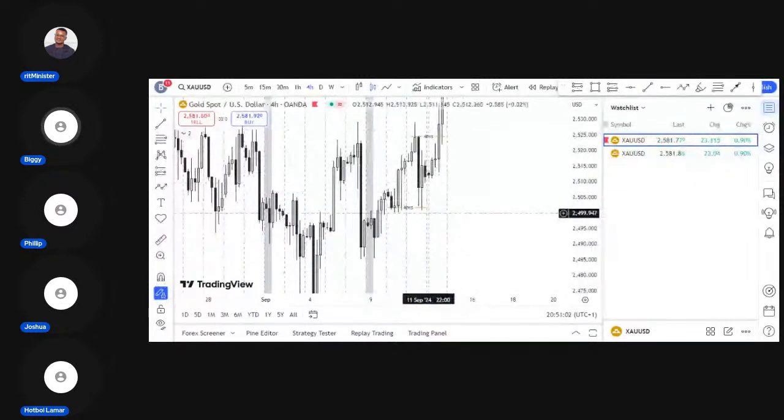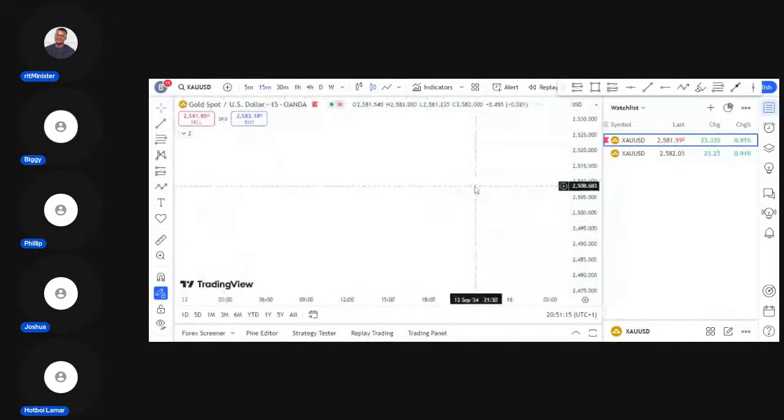So let's say I go on the 15 minutes time frame, and then I get my entries from this particular point here. And once price comes to my 4 hour zone, it's the 15 minutes time frame I go to next to take my trade from.